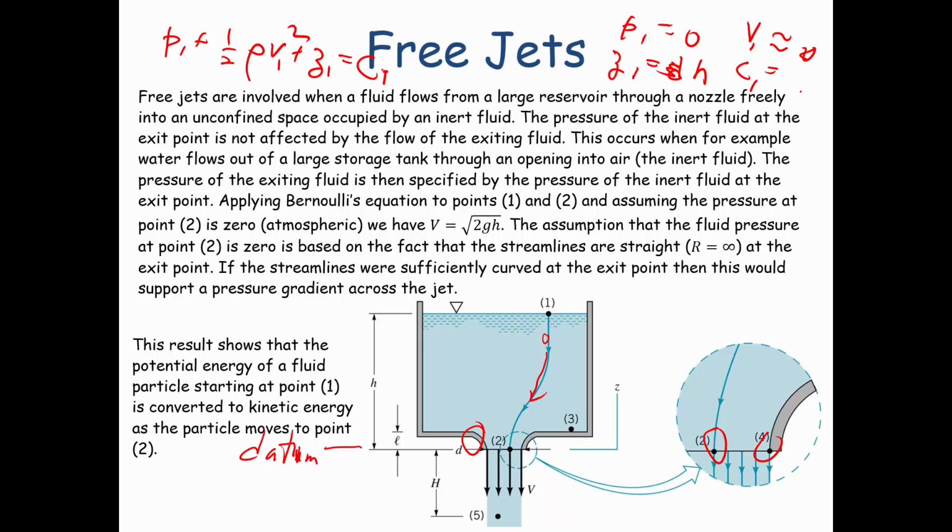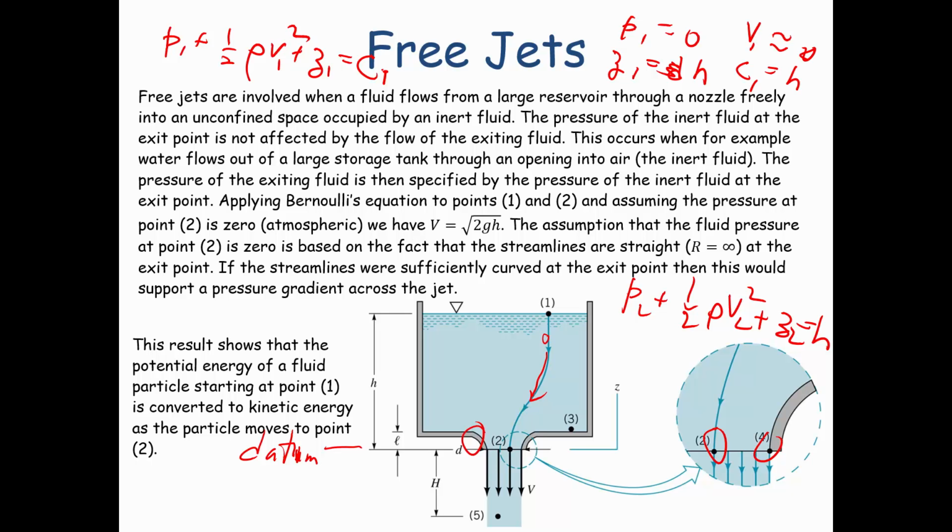That constant is going to be equal to H. That is, C1 is equal to H. Along that streamline between point 1 and point 2, the sum of those numbers remains a constant equal to H. So when we get to point 2, we're going to have P2 plus 1/2 rho V2 squared plus Z2 equal to H, equal to the constant that we just defined.